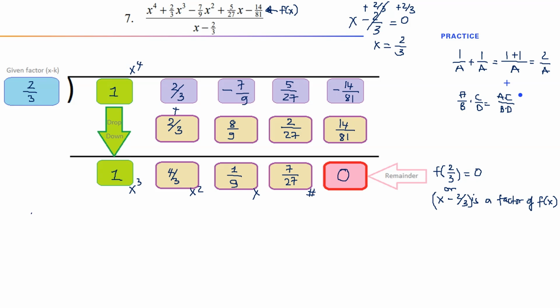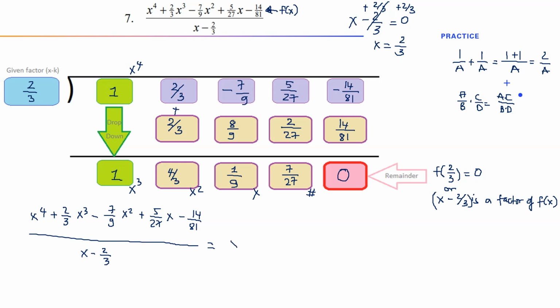And we write that like this: x to the 4 plus 2 thirds x cubed minus 7 over 9 x squared plus 5 over 27 x minus 14 over 81, over x minus 2 over 3, and that equals x cubed plus 4 over 3 x squared plus 1 over 9 x plus 7 over 27, and 0 remainder.